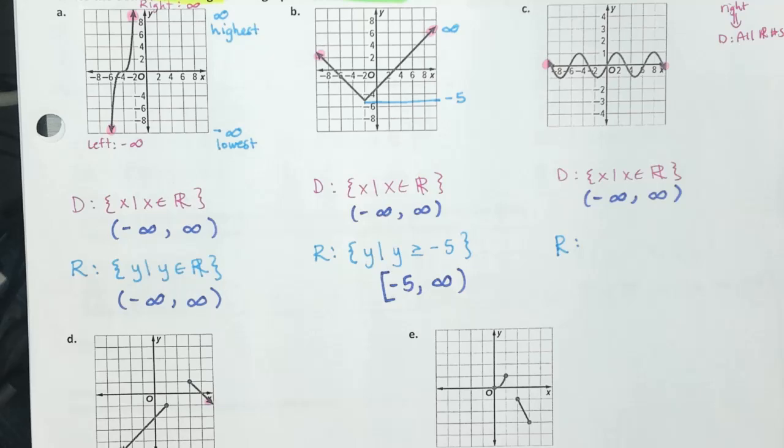Okay, and then for this one, I just want you to identify on your graph what's your lowest y, what's your highest y. Okay, on your graph, just make it visible. What's your lowest y, what's your highest y.